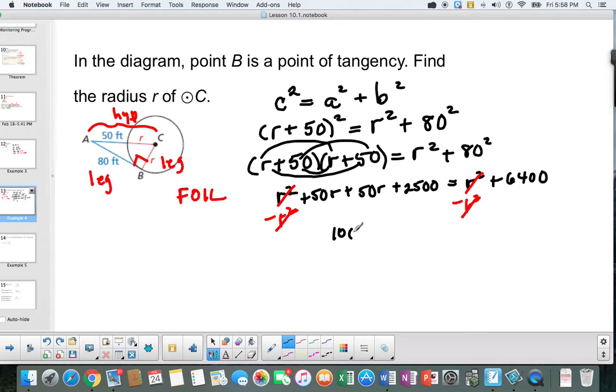I will have 100R, and I'm going to subtract 2,500 from the 6,400, and I'm going to get 3,900. Divide by 100, and I get 39. So one of my legs is 39. My other leg is 80, and my hypotenuse, I put a 39 over here, and that's going to be 89. So these three numbers are going to make a right triangle.